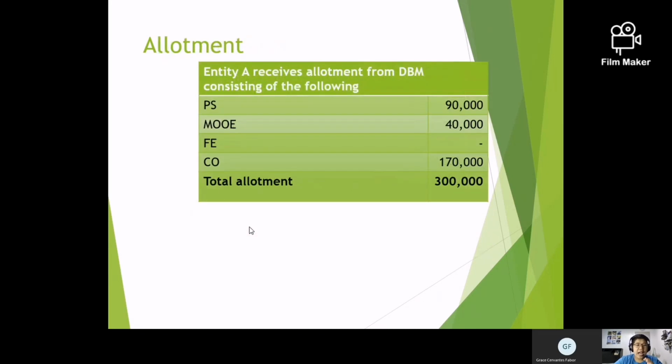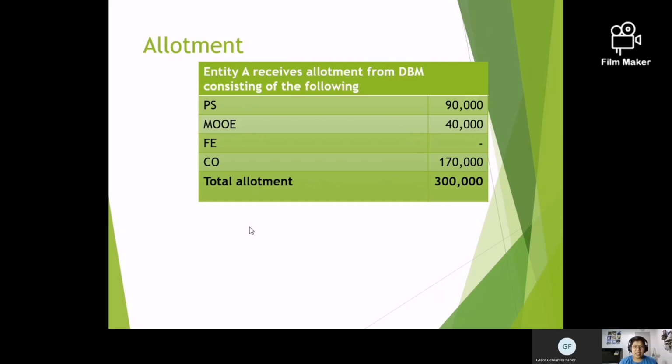O, next. We have allotment. Allotment, ito dapat hindi mag-exceed sa appropriation dun sa in-enact na budget para sa agency. Yung ibibigay sa iyo ni DBM na allotment should not exceed the appropriation. In this example, entity A receives allotment from DBM consisting of the following.